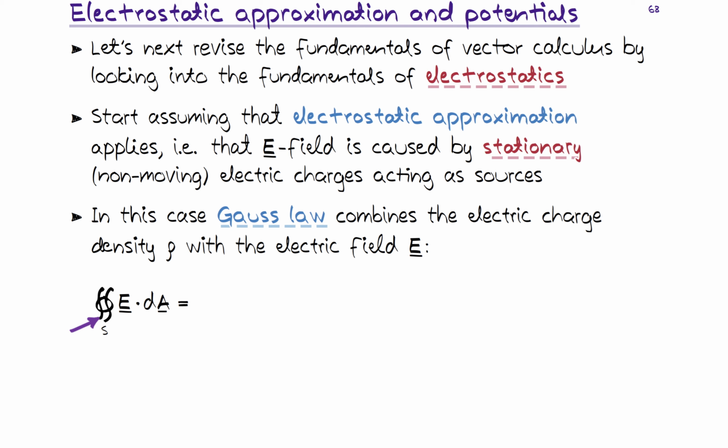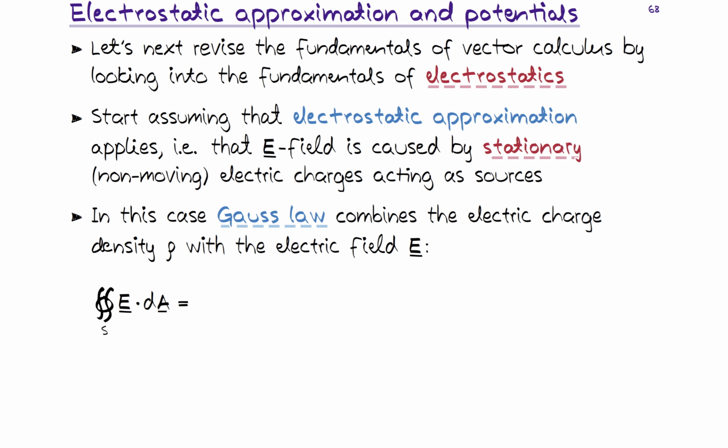So we are calculating a surface integral over a surface S. And since we have this circle encircling the integral sign here, this surface is actually enclosed. It's a closed surface. And then we are looking at how the field looks at the differential surface element dA on the surface.